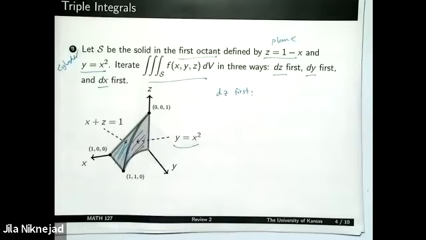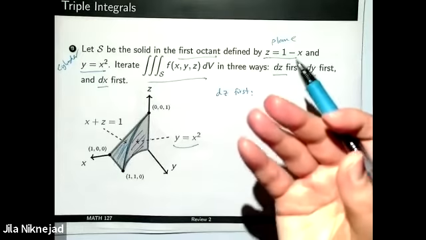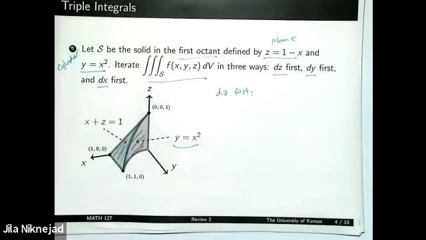What you do is for the most inner, you always look at the surfaces. Don't solve for anything. Don't intersect things. Just take the plane surface that you see. Makes sense? And solve for the variable you need.